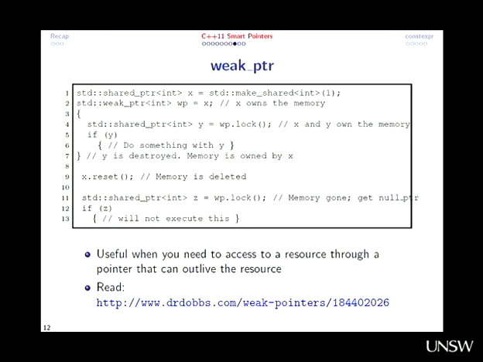The student object has a weak pointer over the list of courses that it has. What this means is the school can go and delete a course object, and that course object will be deleted.